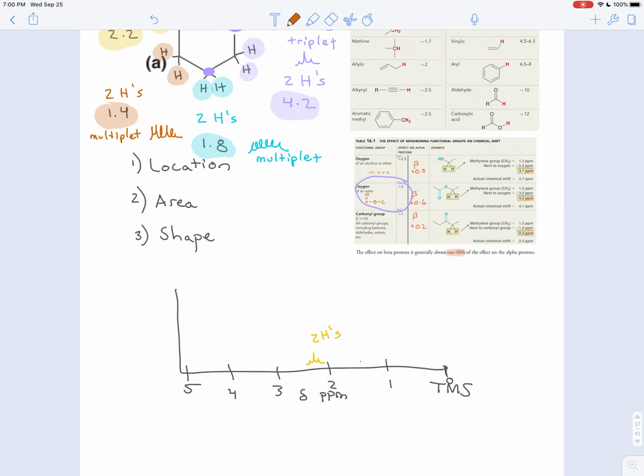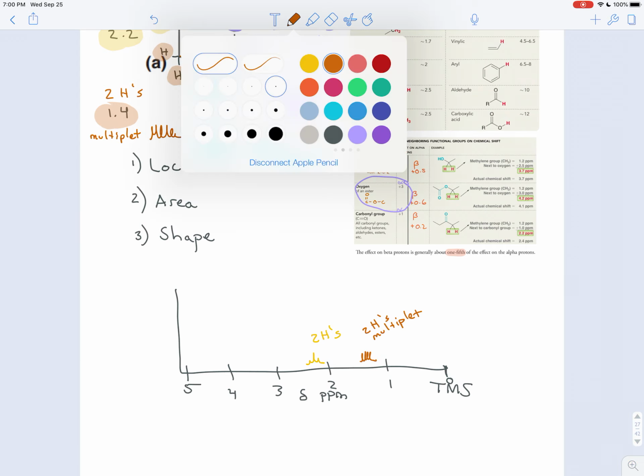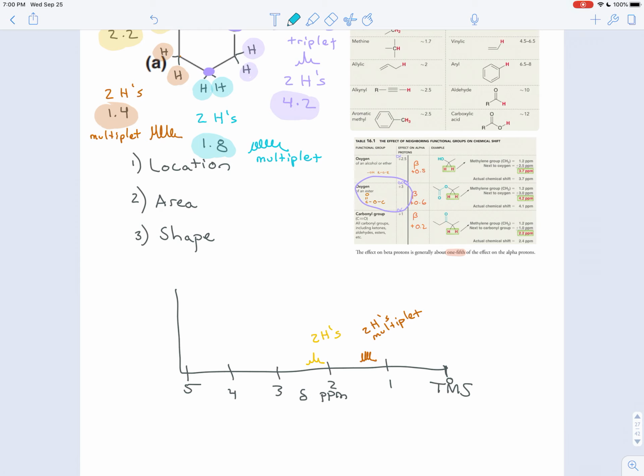So that would be something like this. And just to be extra clear, I would write 2 hydrogens and a multiplet. For the blue hydrogens, we will have a multiplet at 1.8, and it will be 2 hydrogens in it. So you'd write 2 hydrogens and a multiplet.